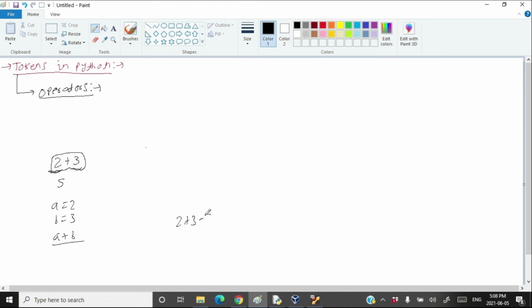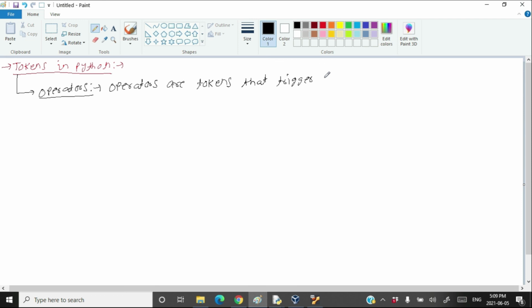This complete thing is called an expression. 2 plus 3 minus 5, this one is also called an expression. You must have learned about algebraic expressions in your class 10th. I am talking about the same. So when you apply any operator between two variables or two literals in any expression, that triggers some computation or operation. Operators are tokens that trigger some computation.